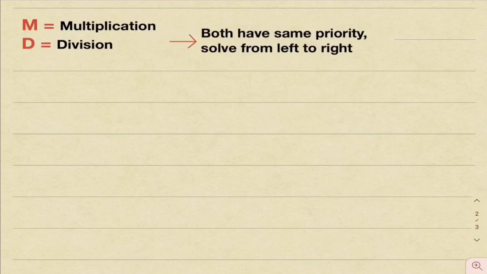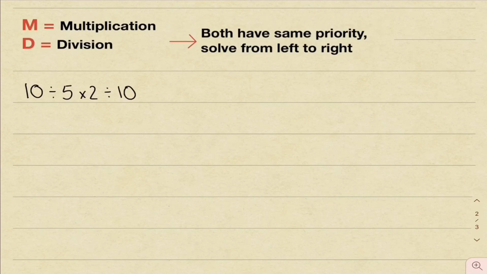The third operation that we have to do is multiplication and division. So multiplication and division, they both have the same priority, so we have to solve from left to right. What do I mean by that? Let's say I have an example as 10 divided by 5 times 2 divided by 10.